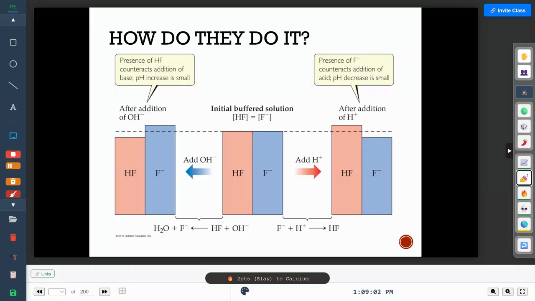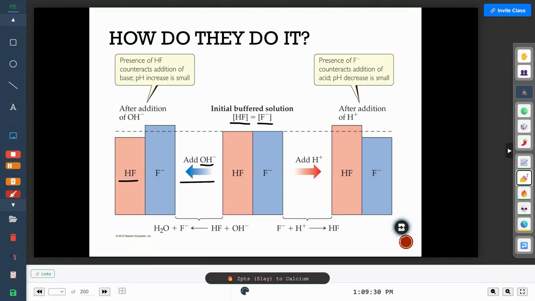Okay? Here's another example. Here's a buffered solution. How do I know it's a buffered solution? It has a weak acid and it has the anion of that weak acid, the conjugate base, right? It's the salt of that conjugate base, basically. All right? And so if I have that initial buffered solution and I add hydroxide to it, it's going to form a weak acid. Hydroxide is a strong base. Okay?